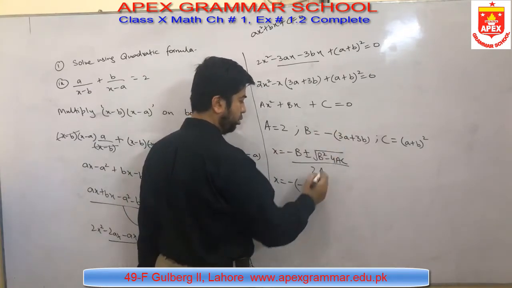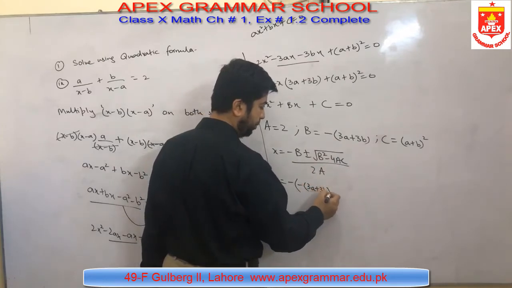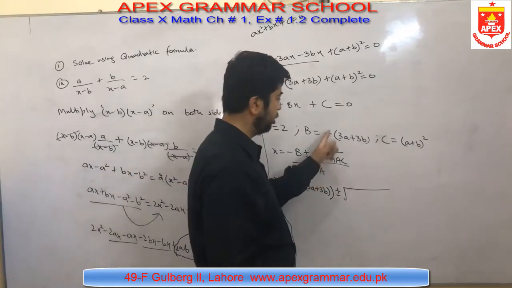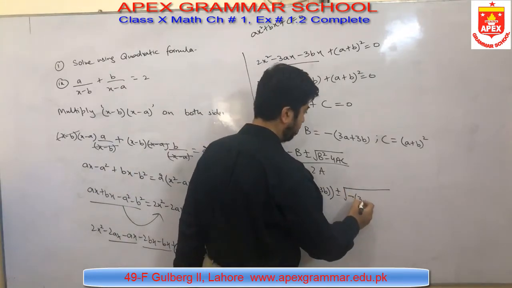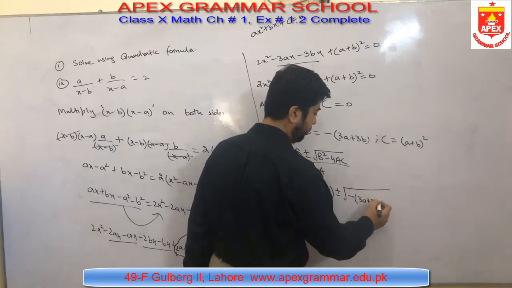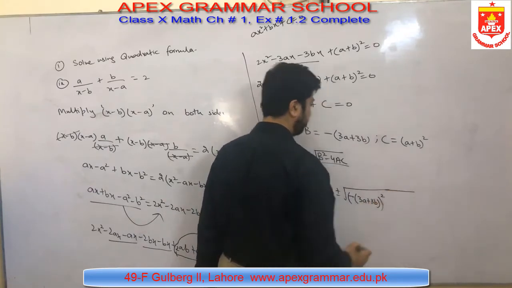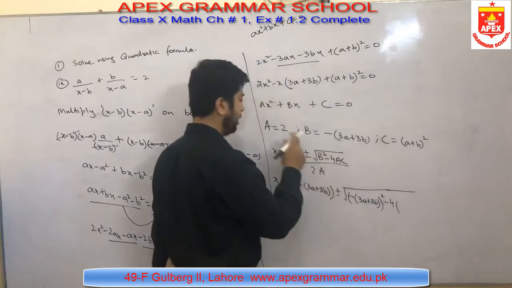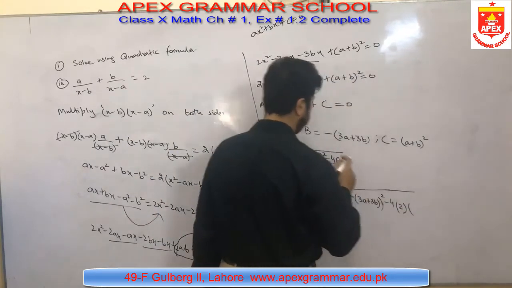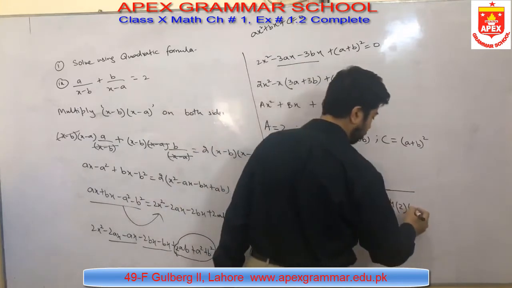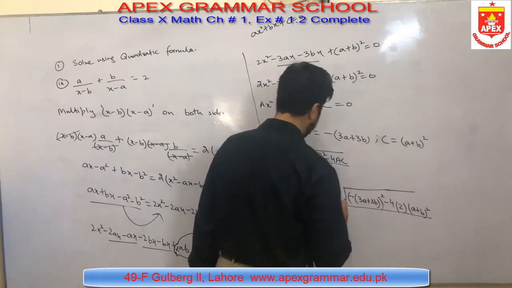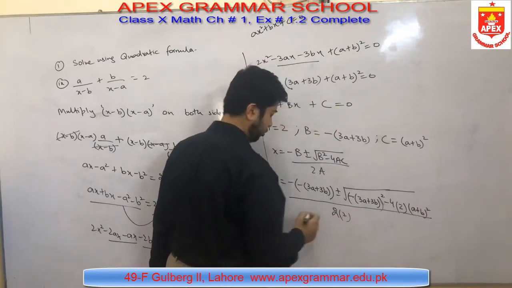So minus of minus 3a plus 3b plus minus under root, and again this b square means minus 3a plus 3b whole square, and after that minus 4, the value of a, that is 2, the value of c, that is a plus b whole square, and in the denominator you have 2a, the value of a is 2.